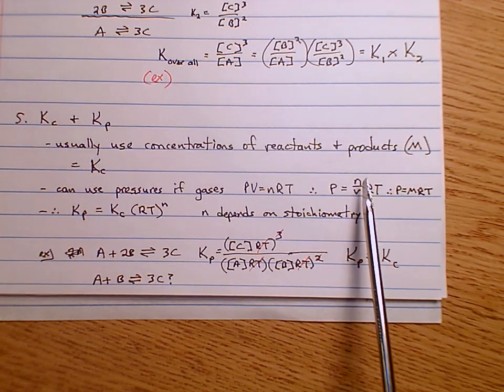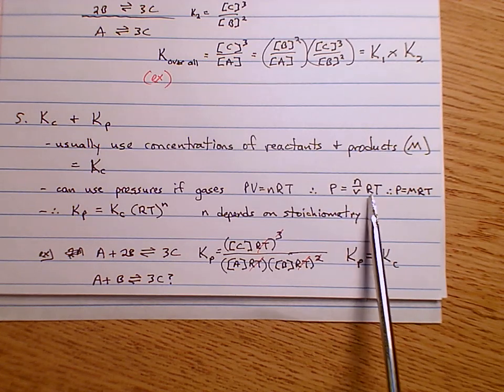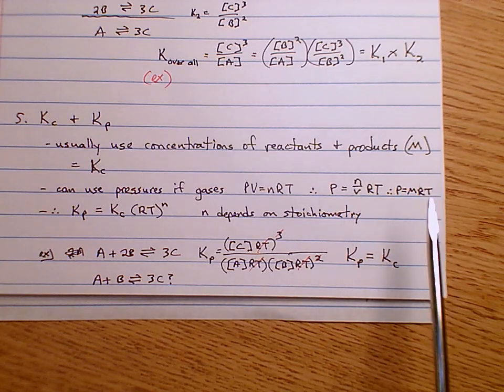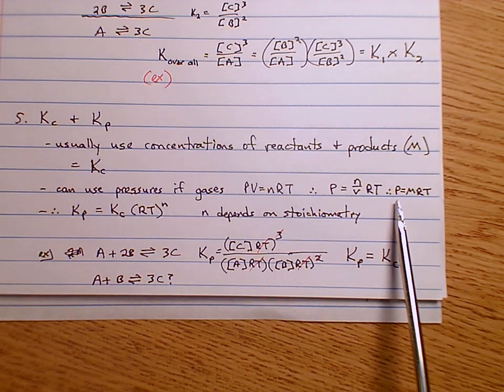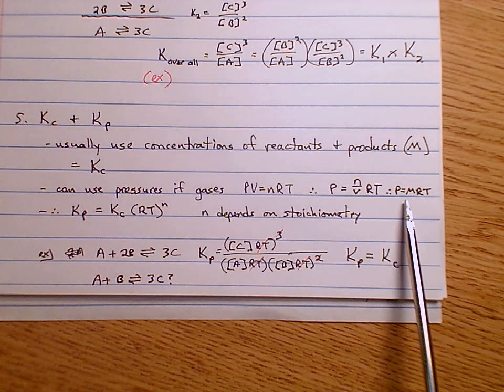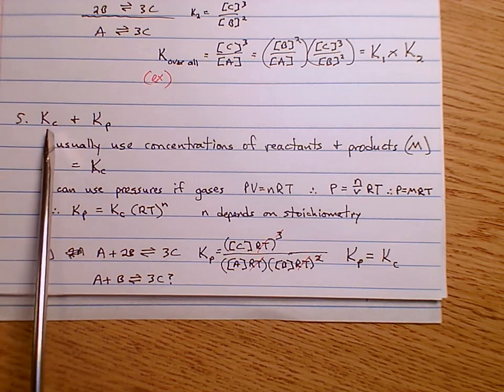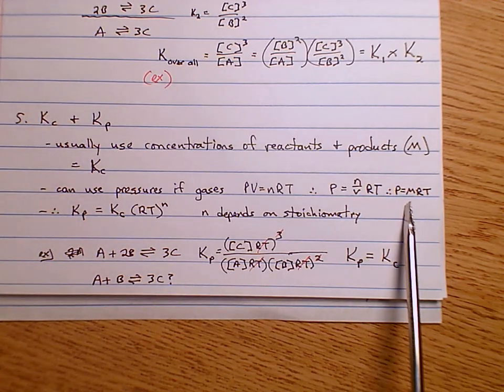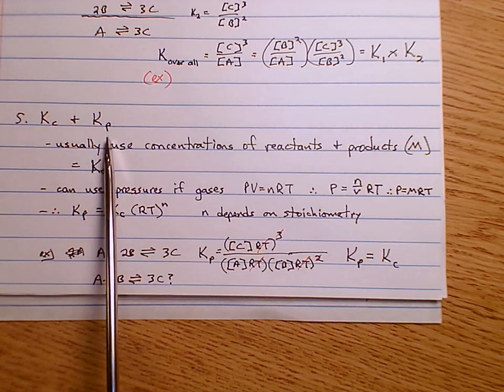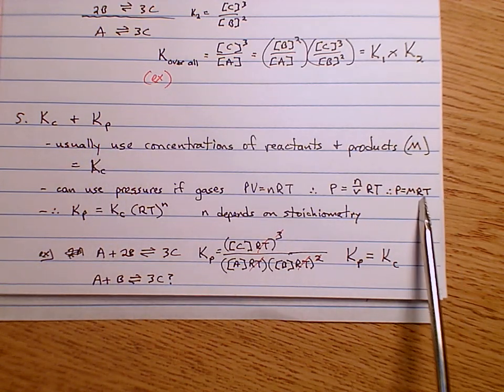Pressure in atmospheres equals moles per liter times RT, and moles per liter is molarity. Therefore, the ideal gas law rearranges to pressure equals molarity times RT. If you're using equilibrium constant expressions with concentration, you're just dealing with molarity. If you're dealing with pressures, it's molarity times RT.